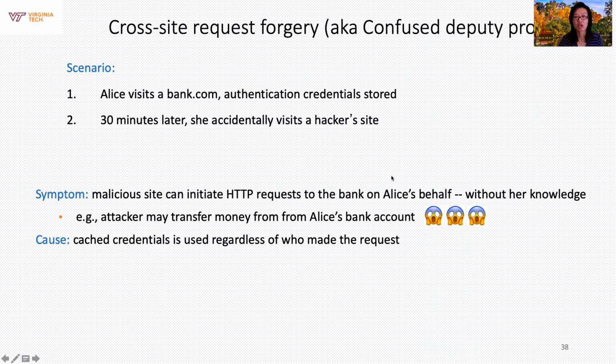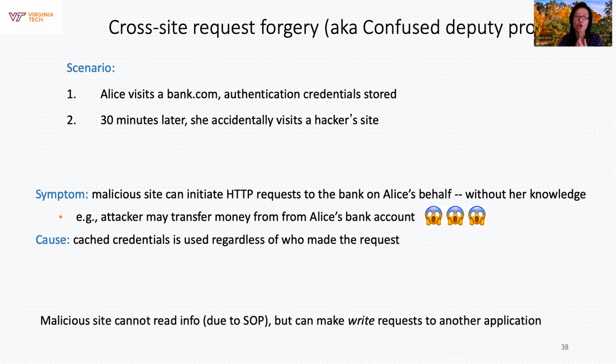So you may think, okay, the cached credential is the root cause. It's part of the problem, but not all. And as we will see, short-lived credentials are definitely one of the solutions. But also, can someone tell whether the form is coming from the real server or the fake attacker's website?